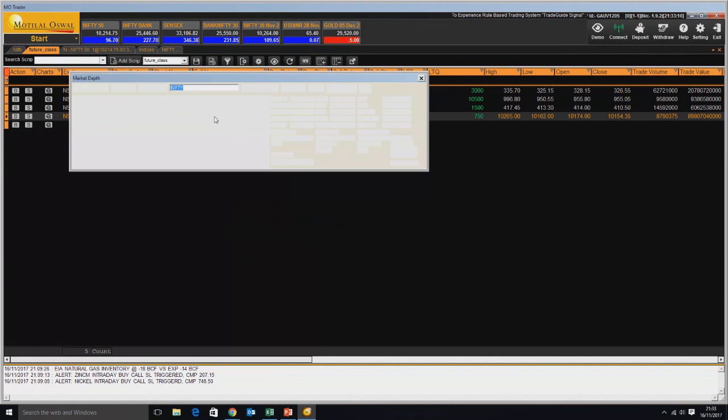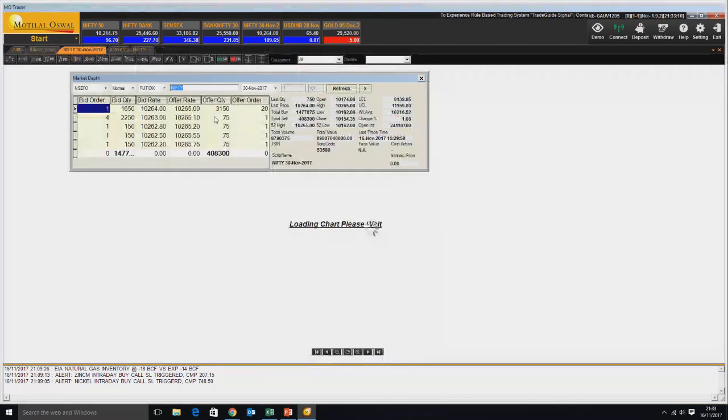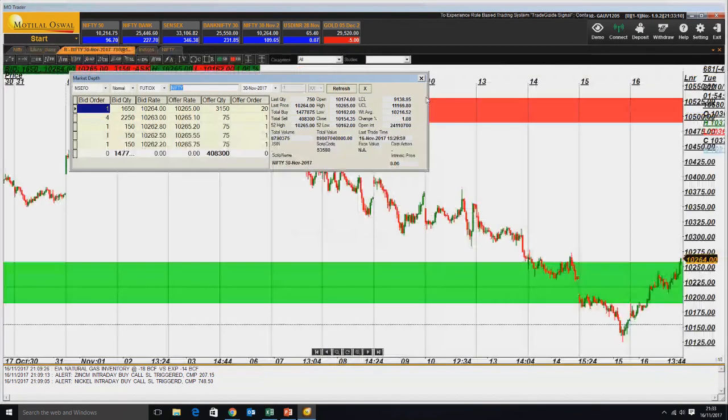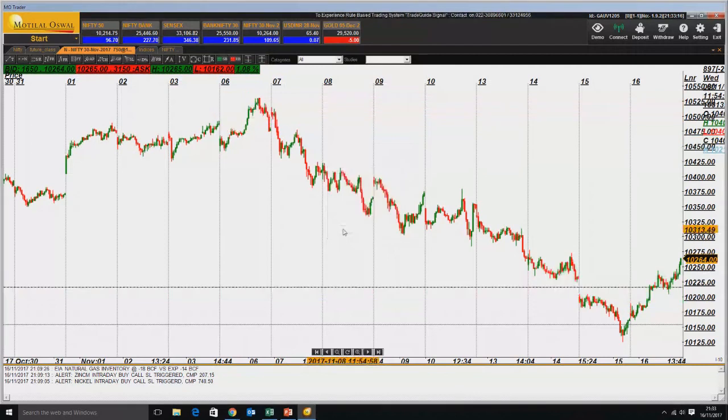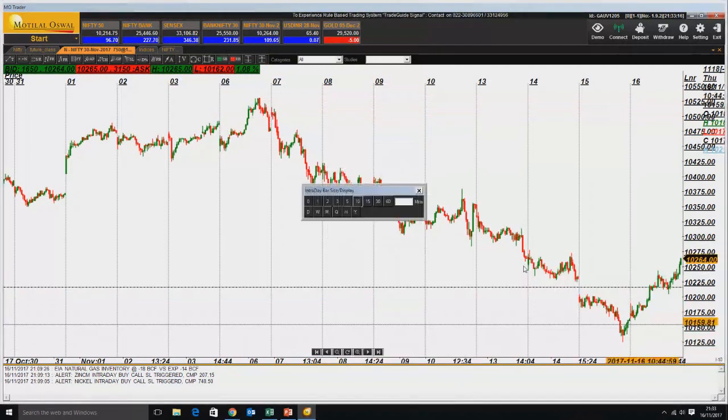Now to the analysis of Nifty. I remove everything, and let's do a typical analysis of Nifty.